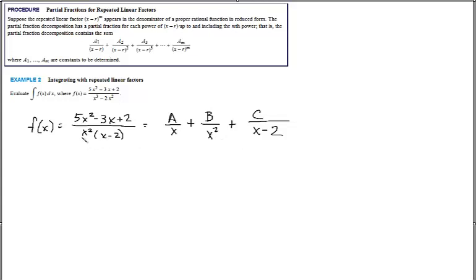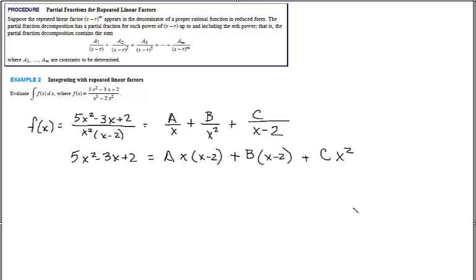I'm going to multiply both sides by that denominator, and I will get 5x squared minus 3x plus 2 equals A times x times (x minus 2), plus B times just a plain old (x minus 2), plus C times x squared.